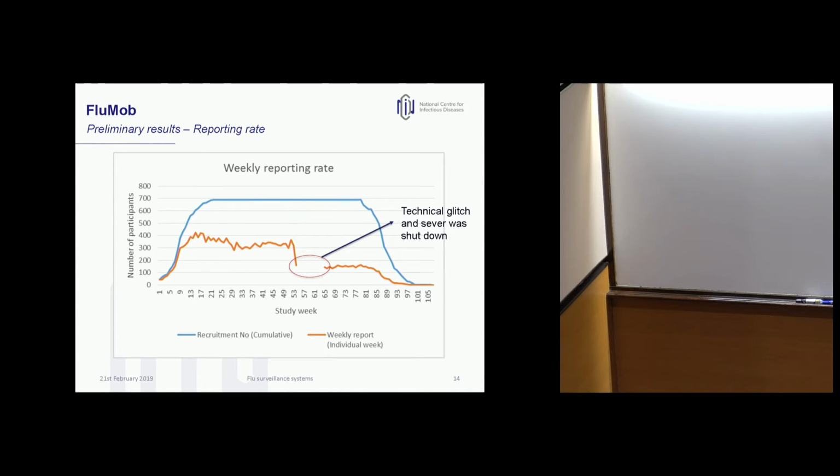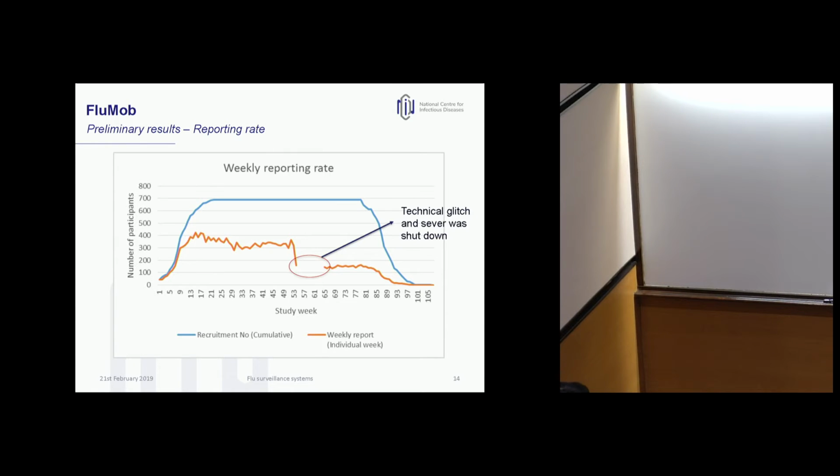So this is the weekly reporting rate, and this is how we recruited the people. It took us about 20 weeks to recruit 700 people. And this is the number of participants who reported. We partnered with Nanyang Technological University to develop this app.